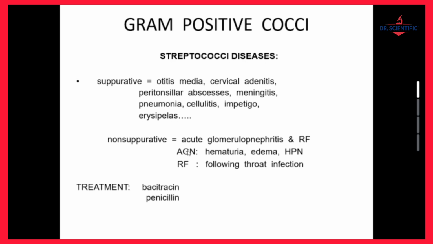Commonly, we have otitis media, infection of the ears, cervical adenitis, peritonsillar abscesses, meningitis, pneumonia, cellulitis, erysipelas, and those non-suppurative ones which do not produce pus, such as acute glomerulonephritis, rheumatic fever, hematuria, edema, etc. The most common drugs used for treatment of Strep pyogenes are bacitracin and penicillin.